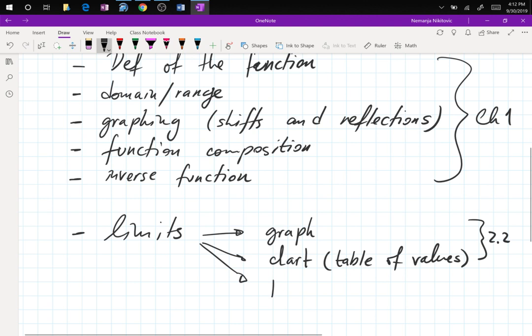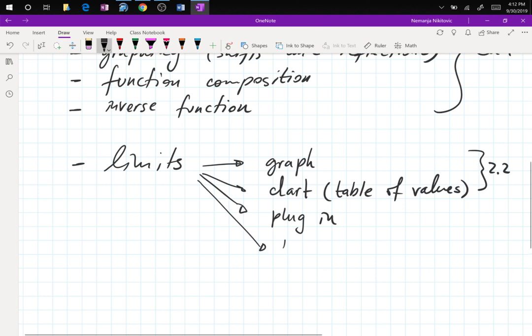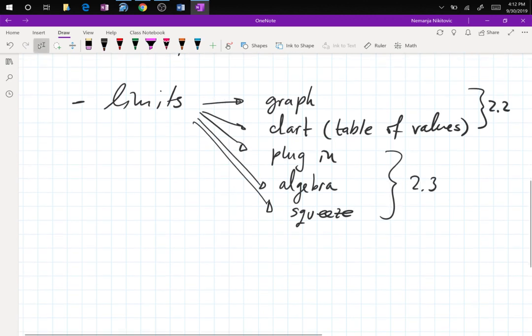Then plug in, if the denominator is not 0, then we have the algebra. With all of those, we had the squeeze theorem. That's it for 2.3.